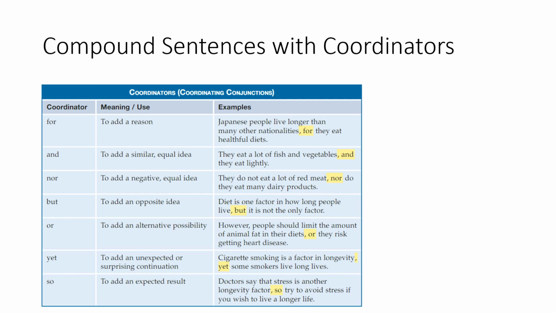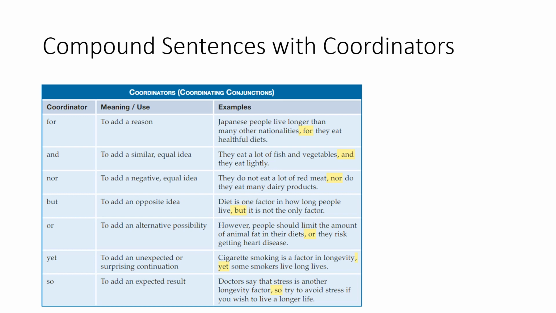Compound sentences with coordinators. Here is the list of FANBOYS. We use for to add a reason. For example, Japanese people live longer than many other nationalities, for they eat healthful diets. And is used to add a similar, equal idea.